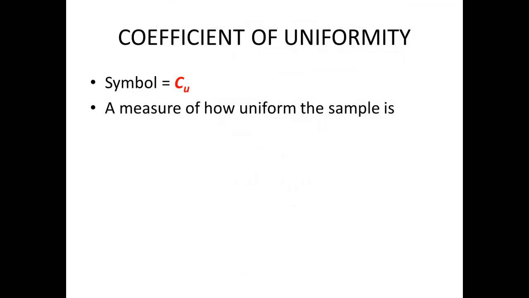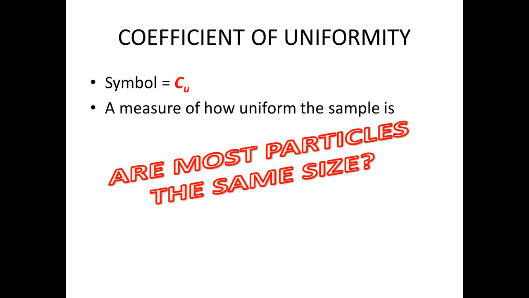Let's review some of the coefficients that will assist us with identifying a soil sample after we've completed the lab. Let's start with the coefficient of uniformity, Cu, which is a measure of how uniform the soil sample is, or, in other words, are most particles the same size?